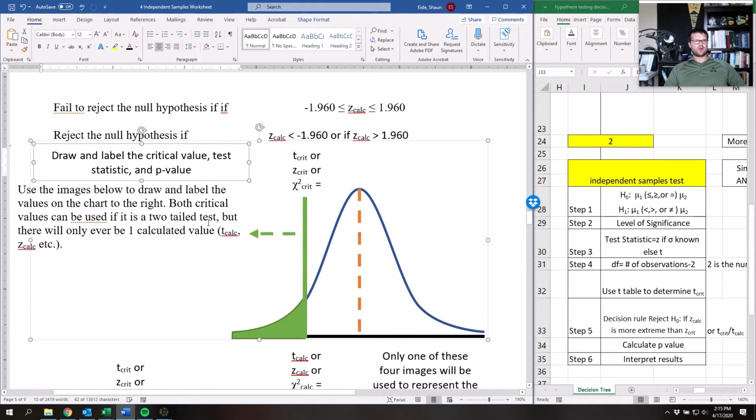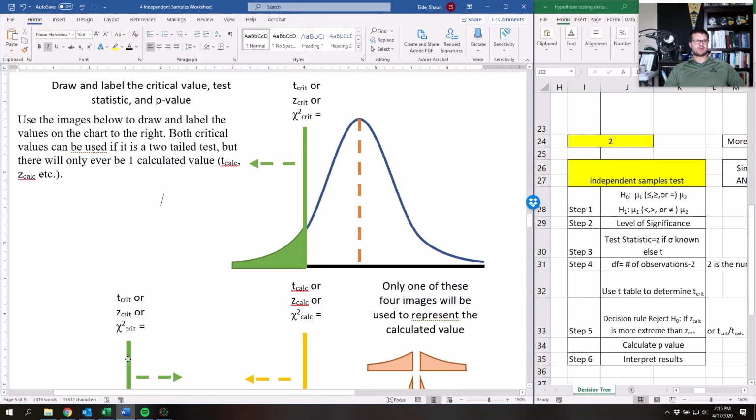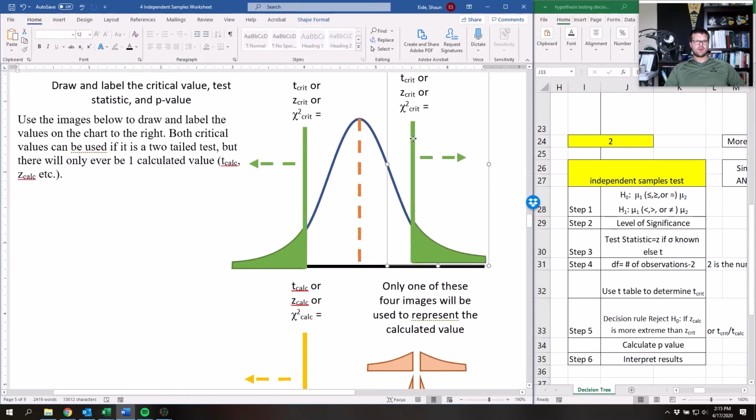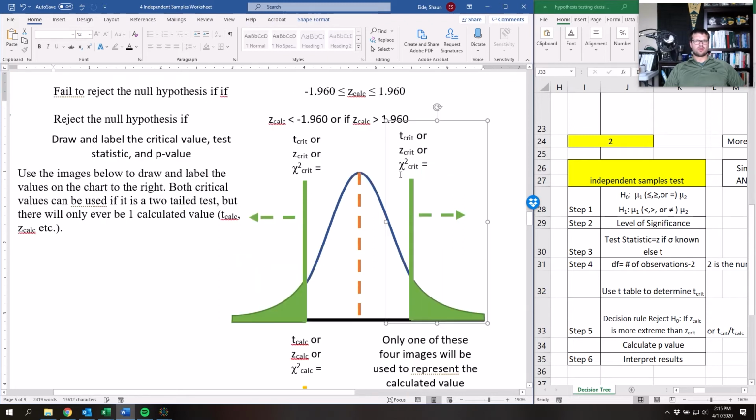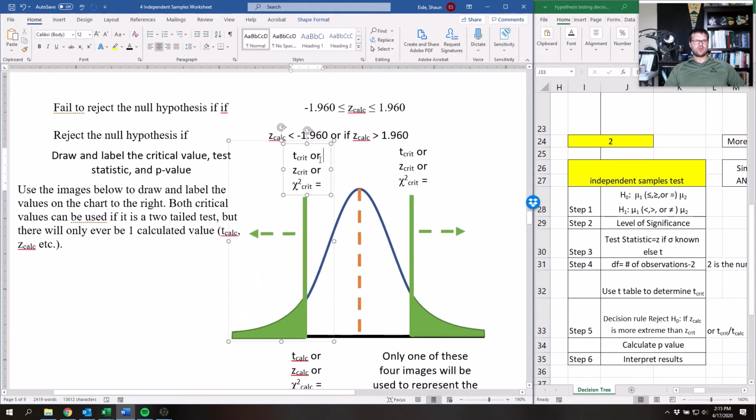So we're going to put this right here. Instead of t-crit, we're going to use z-crit, and get rid of all the rest of them. Z-crit equals negative 1.96. The reason this is on both tails is because it is a two-tailed test. If it was a one-tailed test, it would only be on one tail.